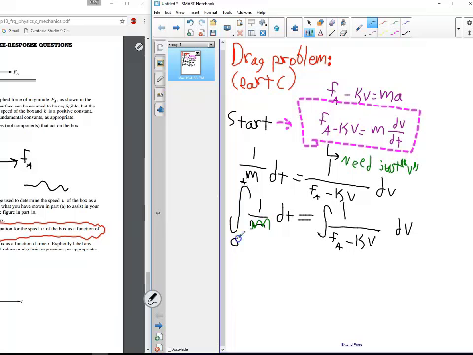You're going from 0 to some time t. Here, we're talking about velocity. We're talking about v sub 0 to vt.